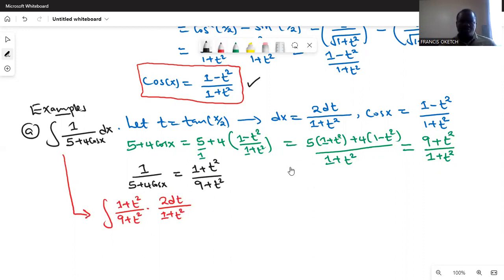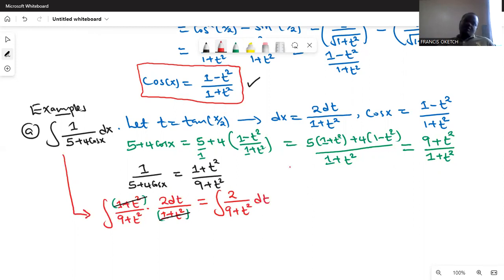So look at our integrals. This one will cancel with this. Let me simplify. So these two will cancel, so that we remain with the integral of 2 over 9 plus t squared dt.